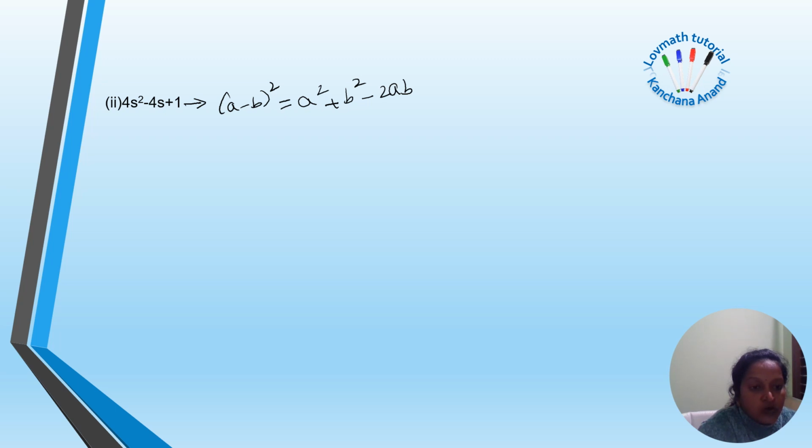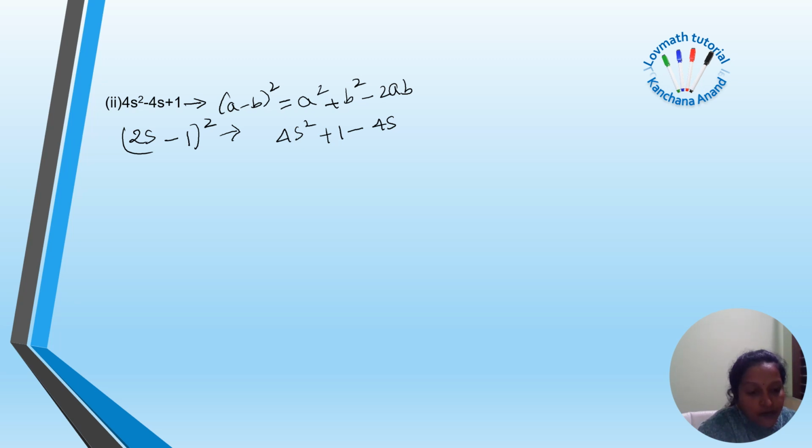Here a is equal to 2s and b is equal to 1. When we expand this equation, it becomes 4s square plus 1 minus 4s.